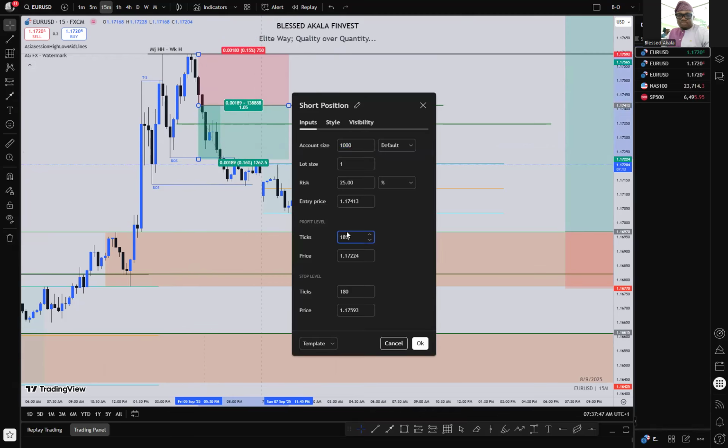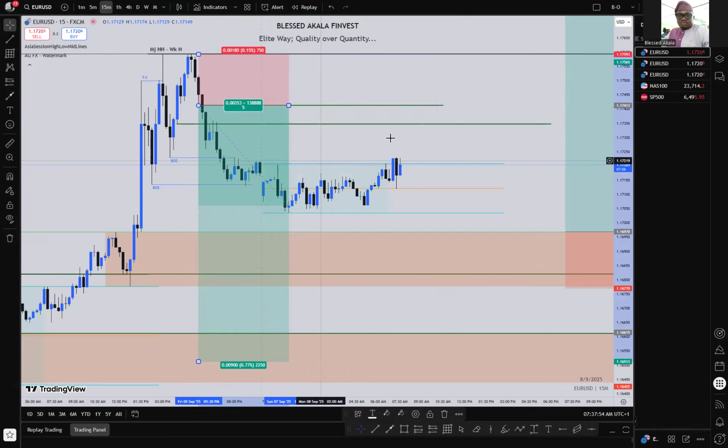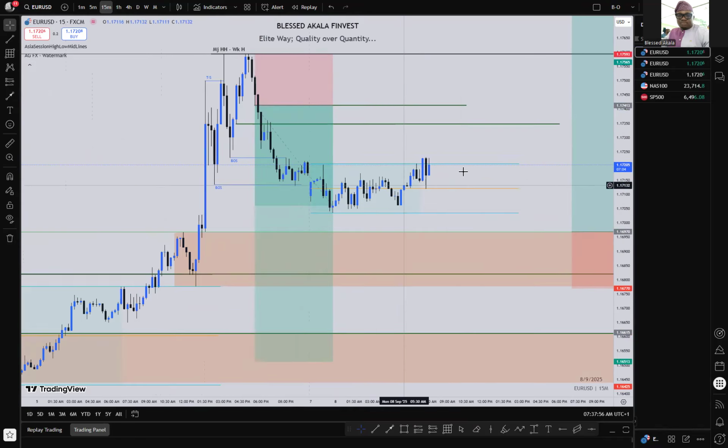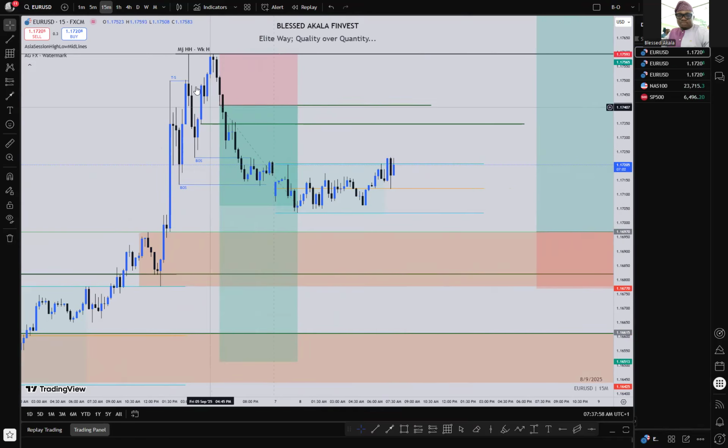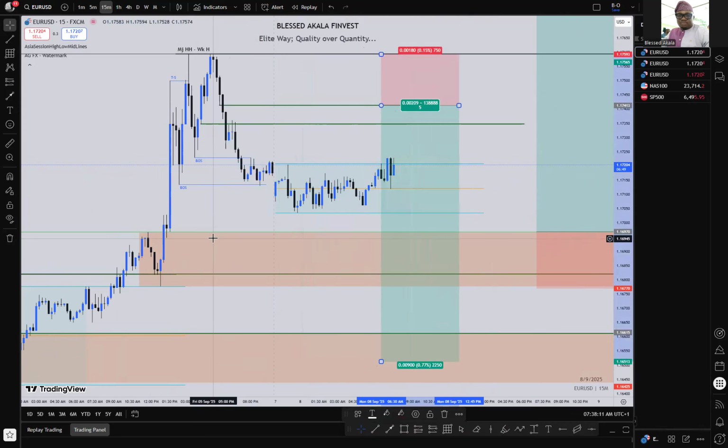So if at all it's going to be 90 pips, we're still going to be just hedging through, because anything can happen. But from what we are seeing from this particular level here, it's just to hedge through anyway, because I'm anticipating MSS within this leg. I'm anticipating a market structure shift from this particular level.